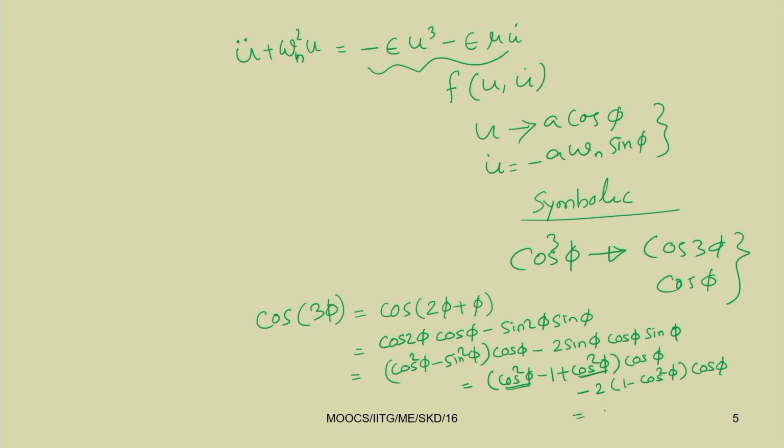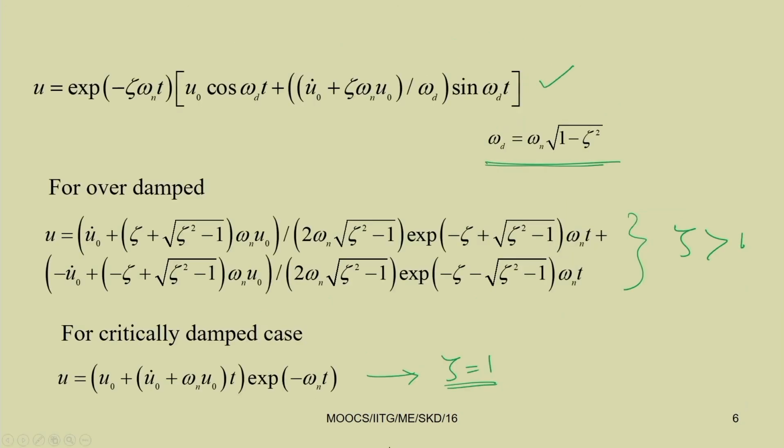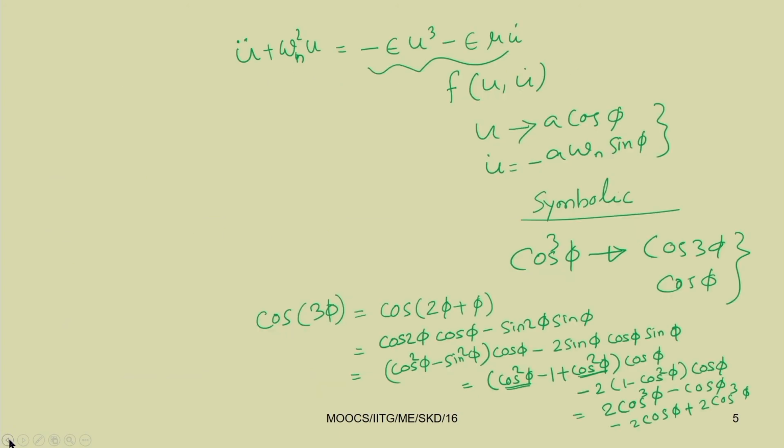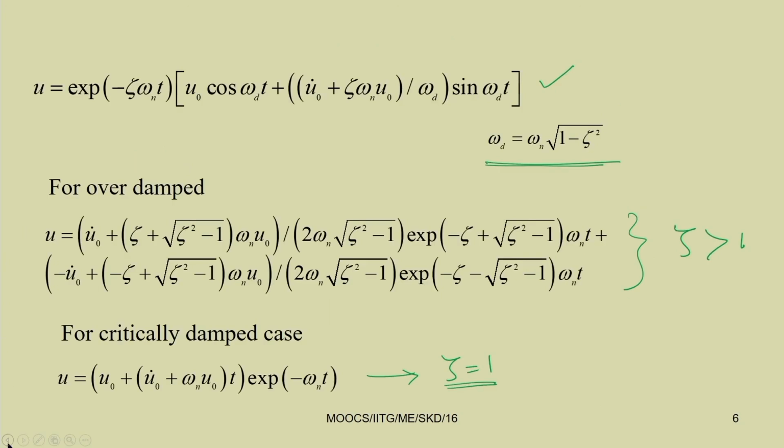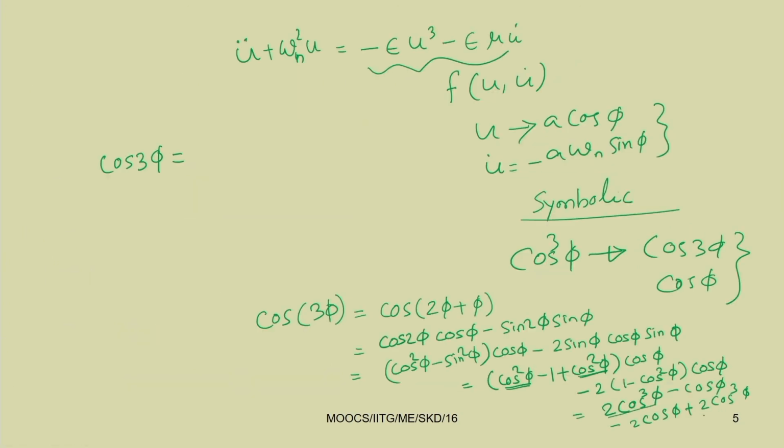The first term becomes 2 cos cube phi minus cos phi, and the next term becomes minus 2 cos phi plus 2 cos cube phi.